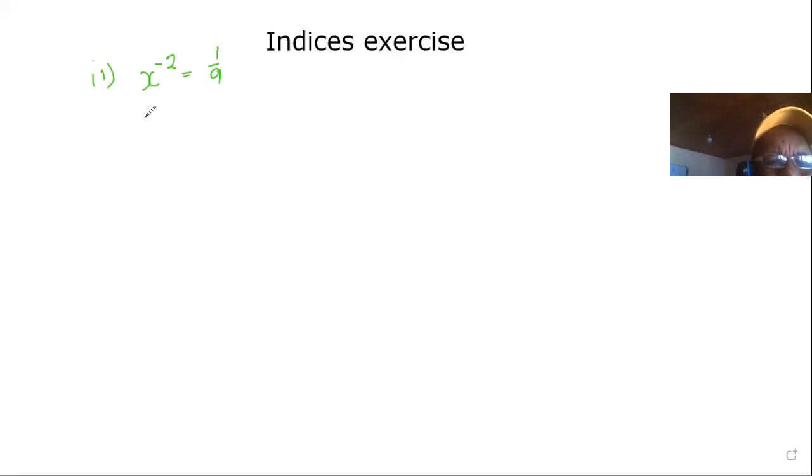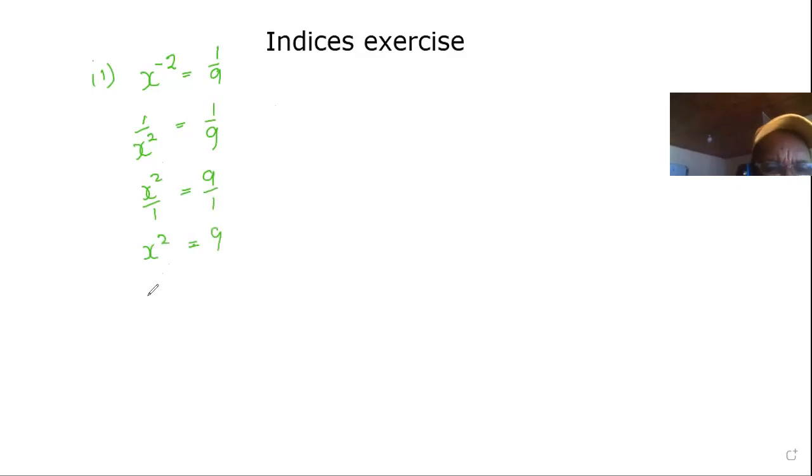Now this is the same as 1 into x squared is equal to 1/9. We can apply invertendo, where we say x squared over 1 is equal to 9/1. Therefore, it's obvious that x squared is equal to 9.